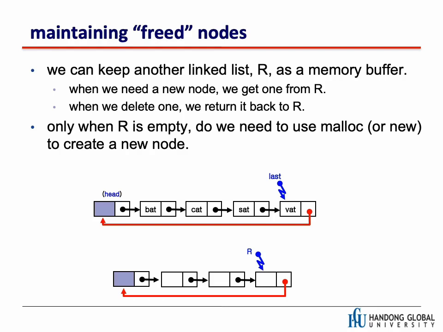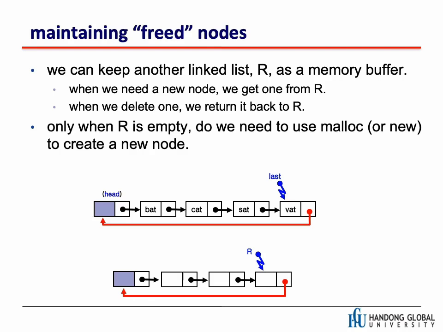Let's say we insert a new node to our linked list. Then we just get one from list R. So now R will have just 2 nodes, and our linked list will have 5 nodes.